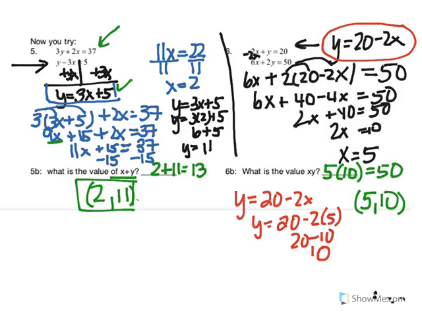Then you have like terms right here, 9x and 2x. So that's 11x plus 15 equals 37. Subtract 15 on both sides, and I did that up here. 11x equals 22. Divide each side by 11, and x equals 2.